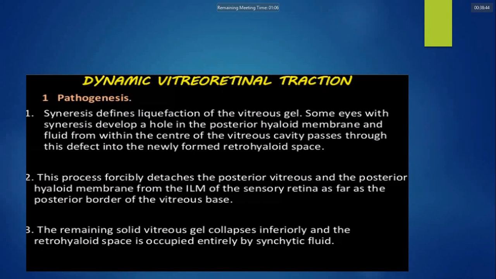So there is a separation of the retina from the neurosensory retina. The remaining solid vitreous gel collapses inferiorly, and the retrohyaloid space is completely occupied by this fluid, and this causes a pulling. The pulling force is more, so it results in the separation of this.